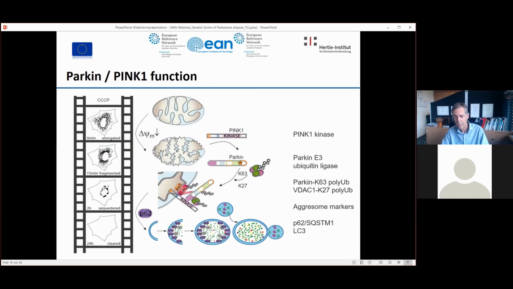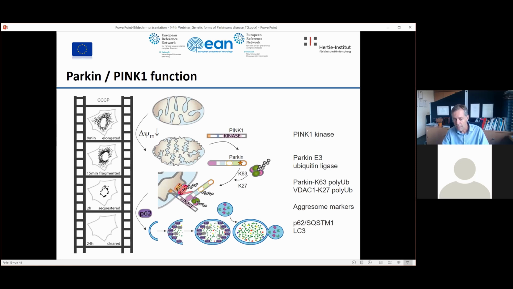We know that at least two of them, parkin and pink1, have an important role in the maintenance of mitochondrial function. You know that mitochondria are the important cellular organelles that provide energy to the cell, and they're relatively dangerous. They're little time bombs in the cell. They can be damaged, and when they're damaged, they leak toxic oxygen radicals.